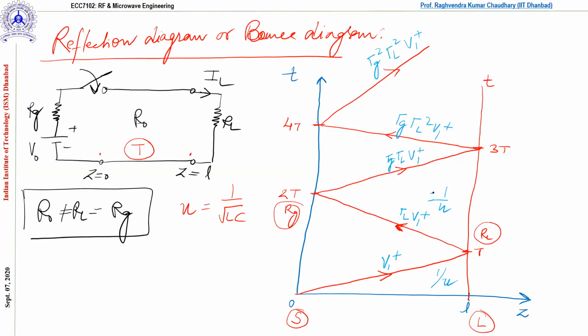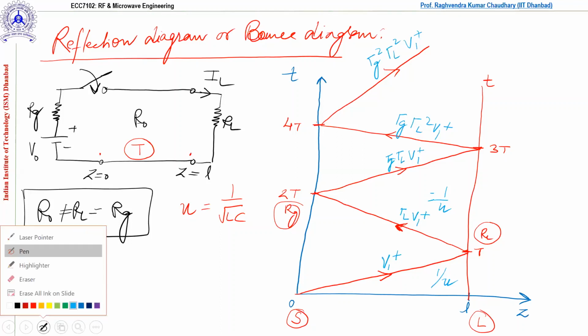Now how will we find some outcome? Suppose we wish to know the voltage distribution along the line at some time interval, let's say between 3T and 4T. Before doing that, we need to do certain things in this diagram, and I'm drawing them over here. Please check. Let me choose some new color so we can differentiate easily.